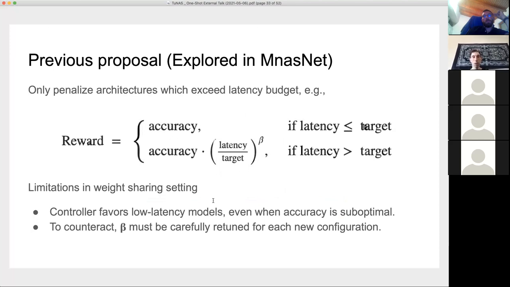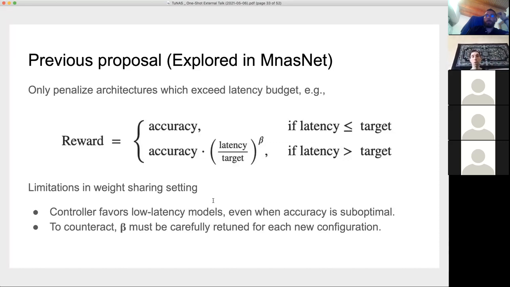So here's one initial idea that we explored. This was originally proposed in a paper called MnasNet, which uses this idea in an architecture search setting without weight sharing, and it works well there, but we actually run into some issues in the weight sharing setting. The idea is that if a model's latency is below our target, then we just reward more accurate architectures and don't worry too much about latency.